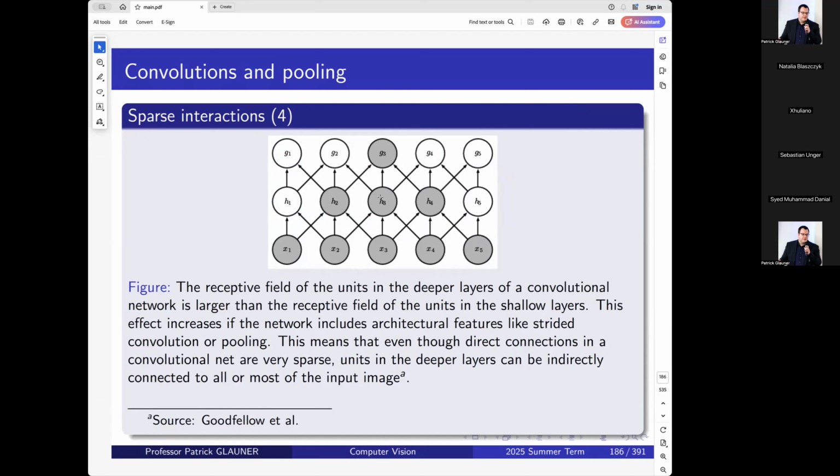Initially, for example, this convolution could look at these three inputs. We have now a whole layer of convolutions, and we stack on top another layer of convolutions. So this convolution can look at these three convolutions, and they look at these pixels. So eventually, as we stack these layers of convolutions, the receptive field is growing.